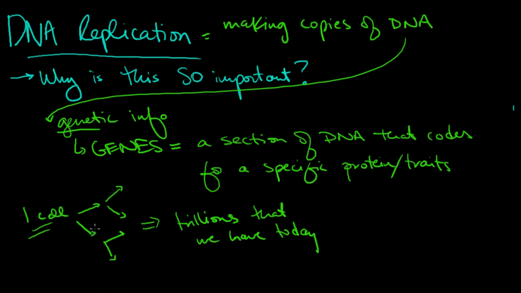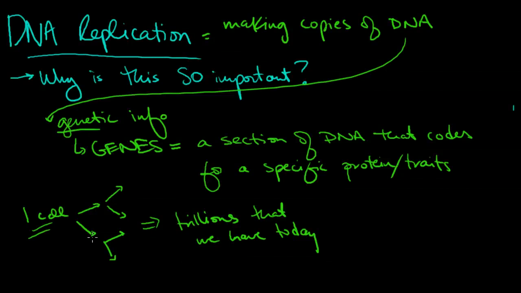Now you might be asking, why do my cells look different? Why do my eye cells look different than my heart cells? Even though they have the same genetic information, they're reading different genes within that same sample. My analogy for that is that every single cell is carrying around the entire set of Encyclopedia Britannicas in hard copy, but only reading one book out of the whole series.